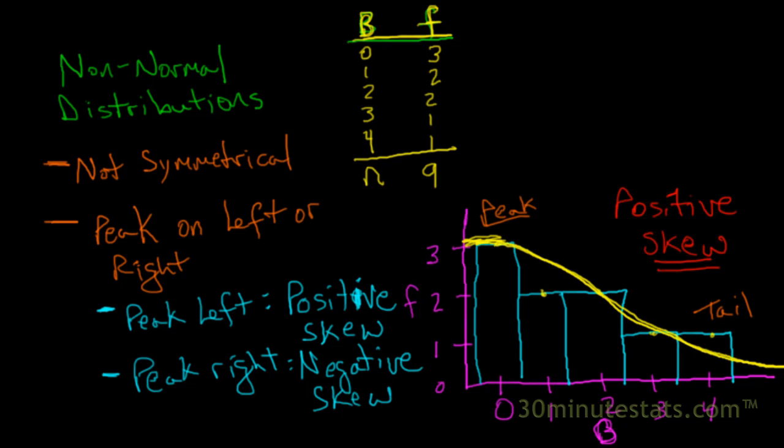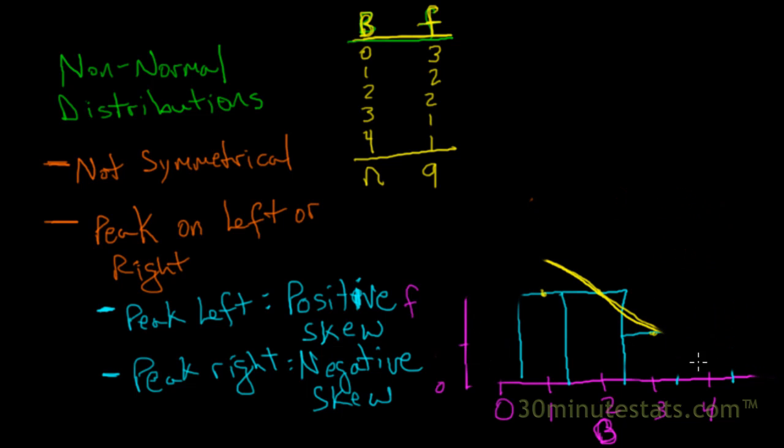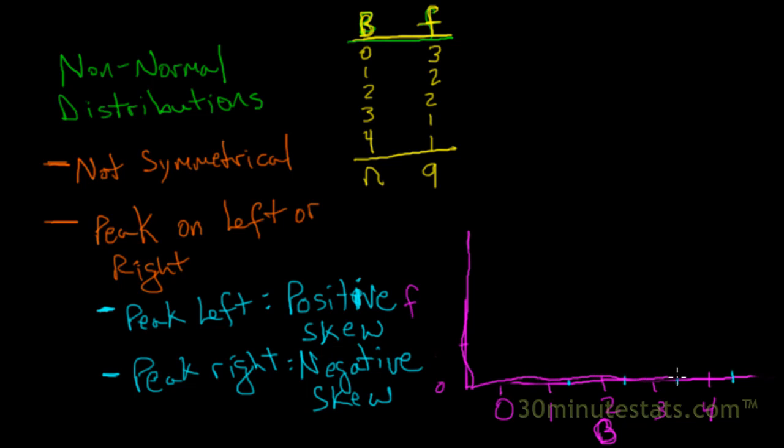Okay, so what does this look like then? Let me erase some of this, and we'll show you an example of a negatively skewed distribution. Let me redraw our graph here because we'll have data that's very similar. Then we'll create another frequency distribution.